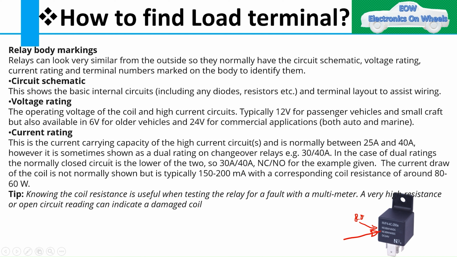So if you get this type of rating on your relay, you understand that this is a changeover relay, with the lower rating for the normally closed and the higher for the normally open. This is an 80 amp relay for the normally open, 60 amps for the normally closed, and this is for 24 volt commercial vehicles.